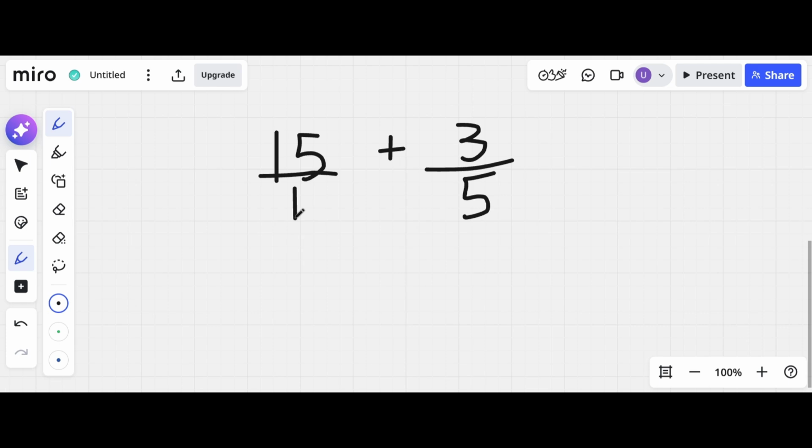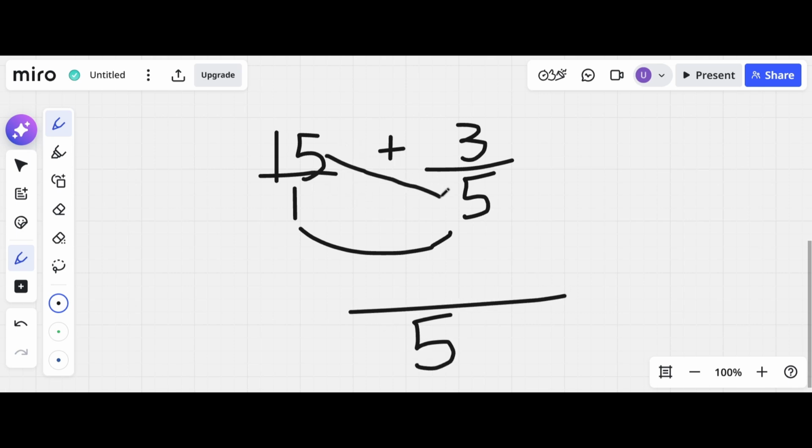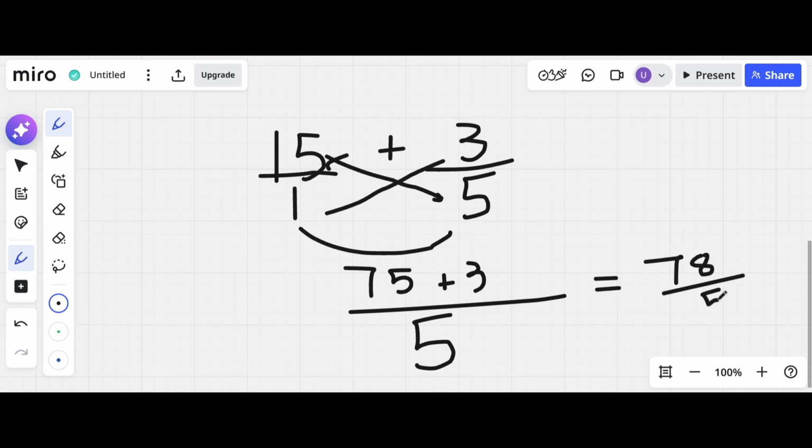So 1 times 5 is 5, and then nothing else. 15 times 5, which is 75, plus 3 times 1, which is 3, over 5.